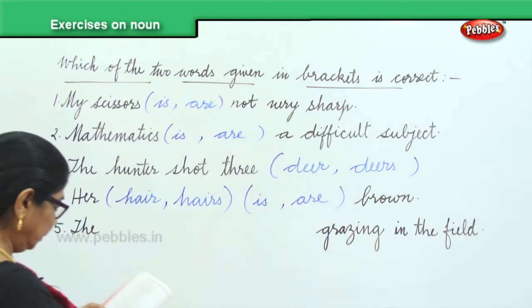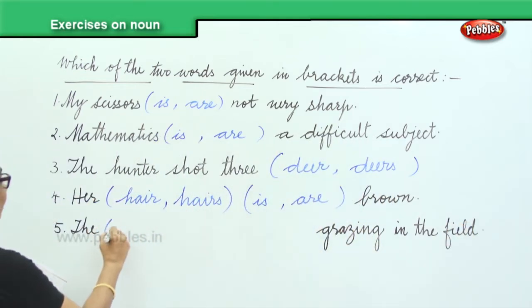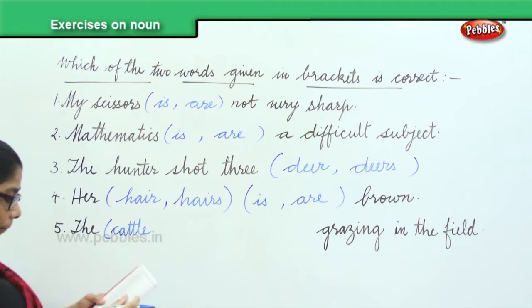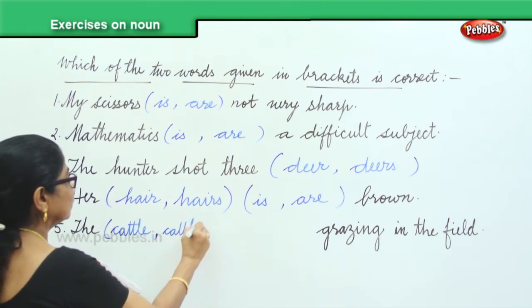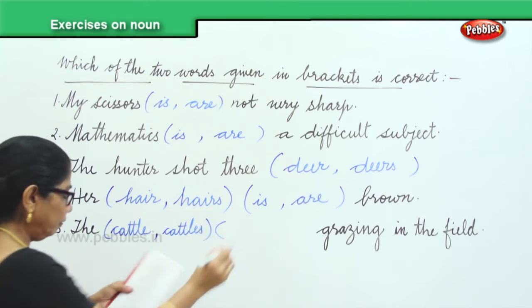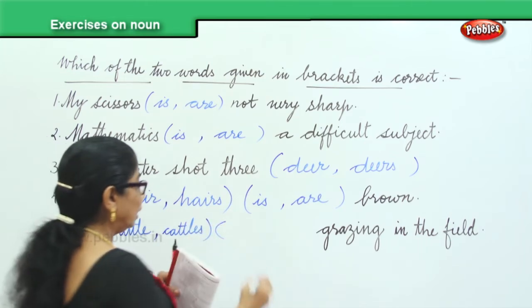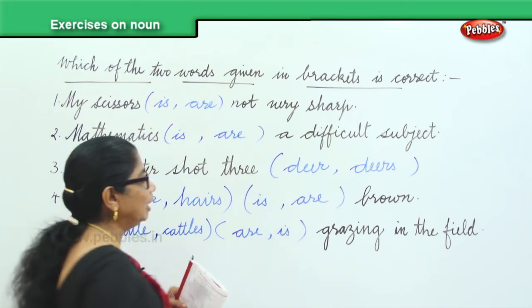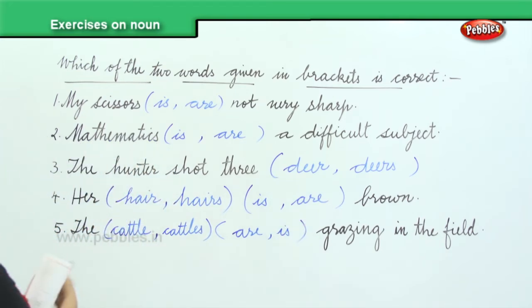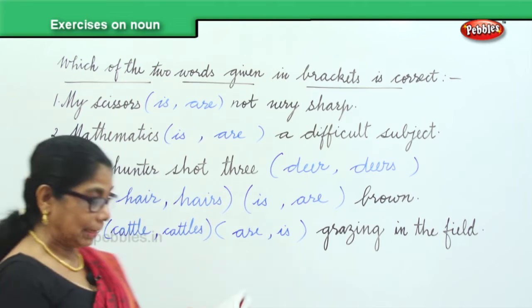And I have words here: cattle, cattles. And then we have R and S. I give you one more and then we go on to do the correcting of the sentences.